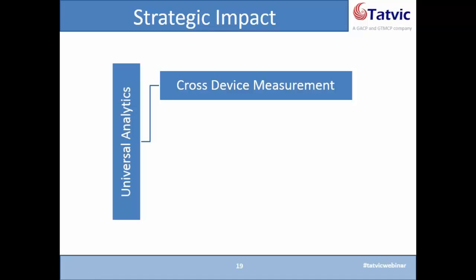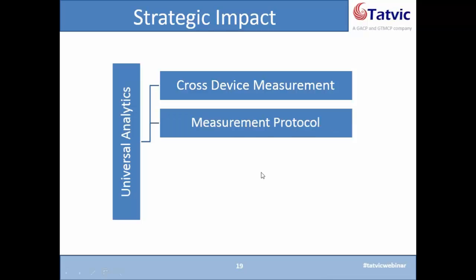To us, this is a very important pillar because using cross-device measurement, you can view the same users from a multi-device view. You can see how different devices are driving conversions, or whether a tablet is used for research and the desktop is used for the conversion. You can understand all these things with cross-device measurement.